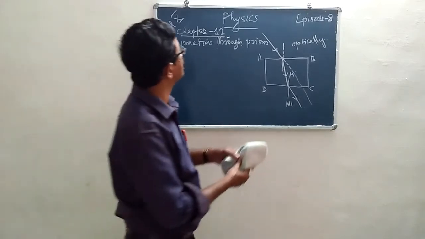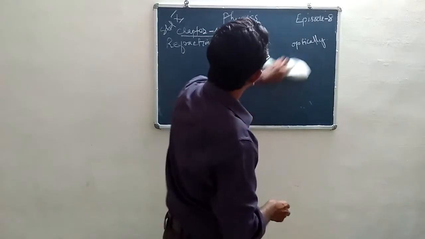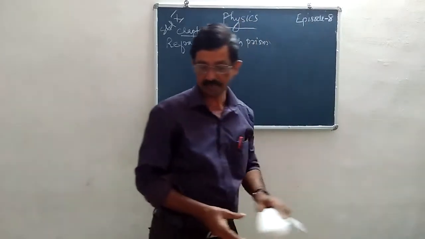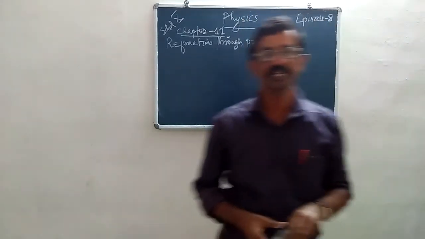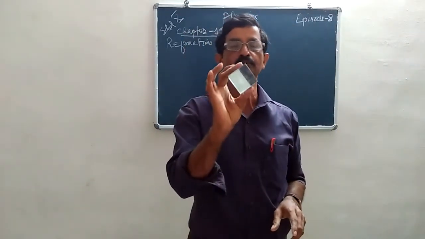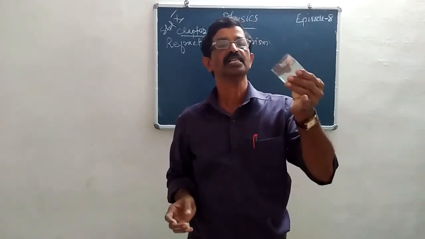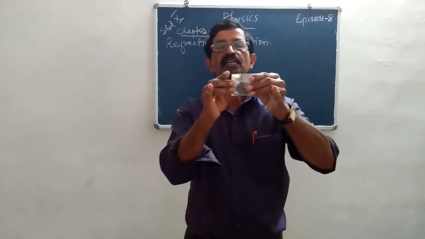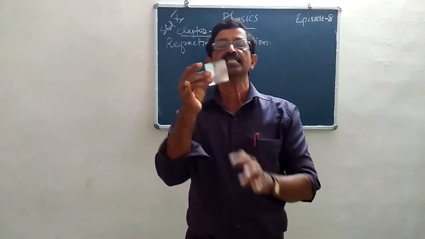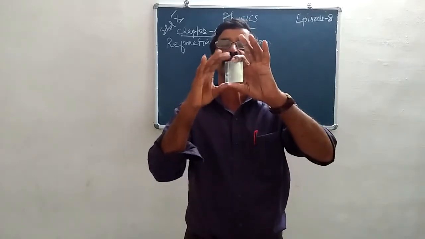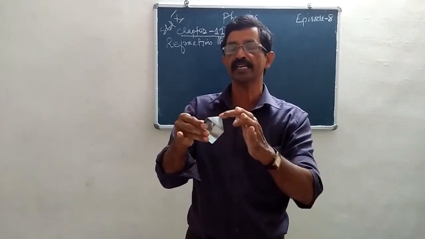Now we want to discuss refraction through a prism. See, how is a prism? A prism is a transparent material. How many bases? You can see one up and another one down. These are the two bases. Then how many other rectangular surfaces? This one, 2, 3.